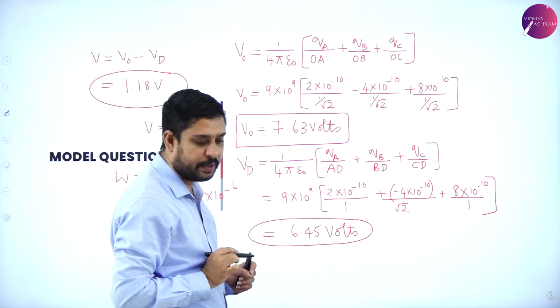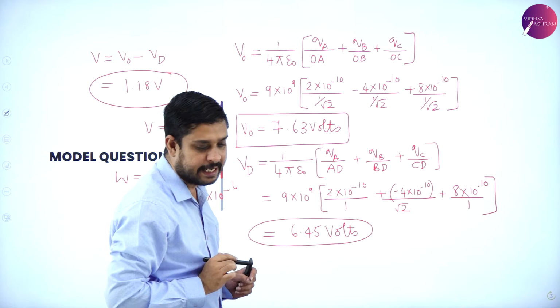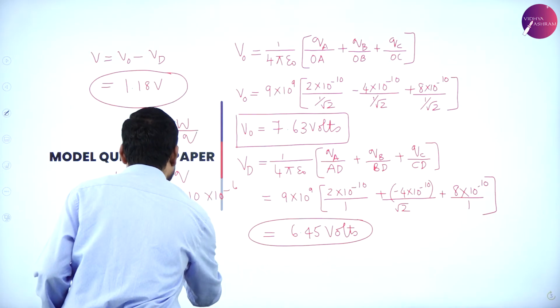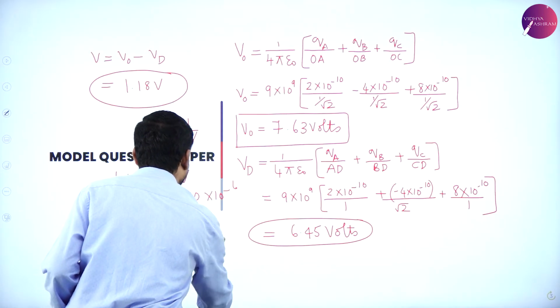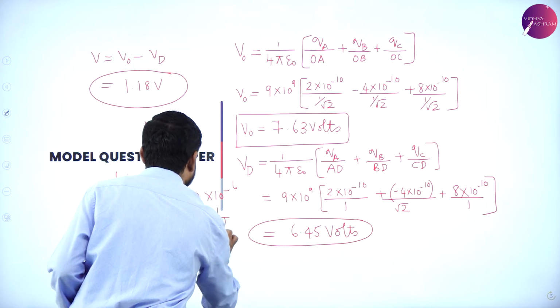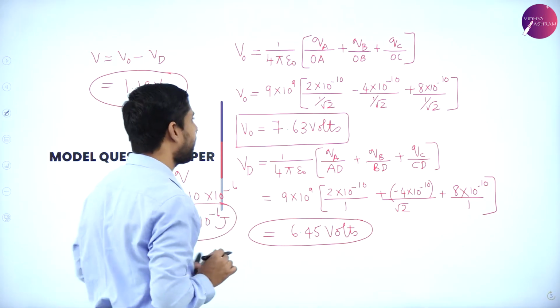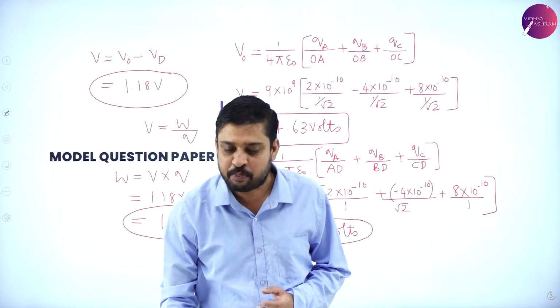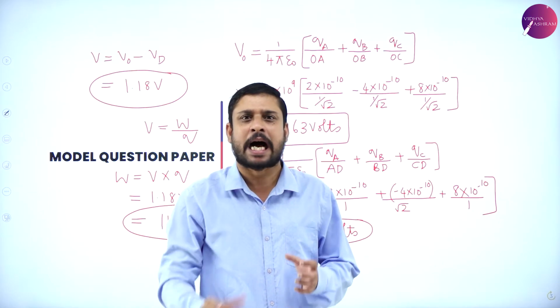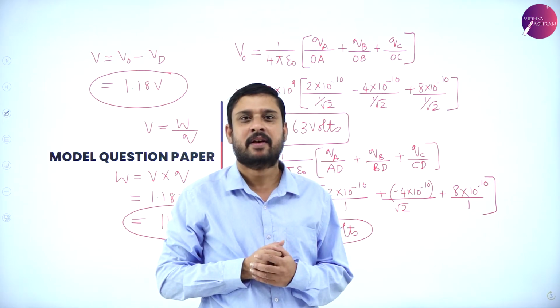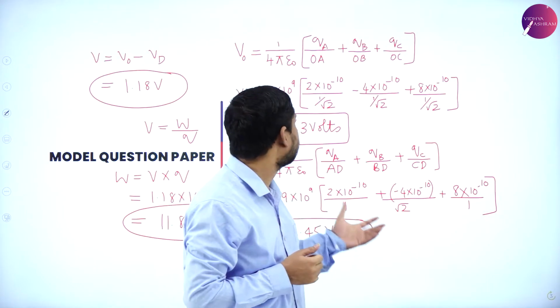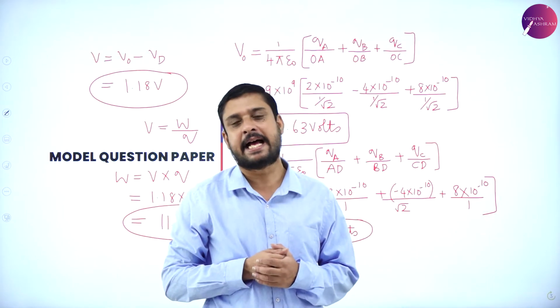So on simplification, this is 11.8 into 10 power minus 6 joules. So step by step, it appears to be tedious, but very simple. I can arrive at the answer.